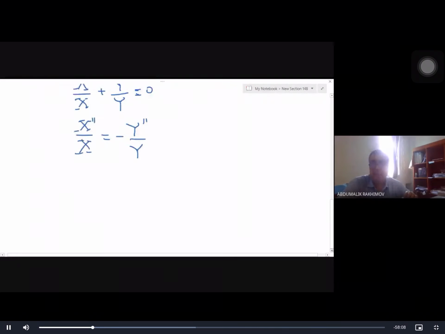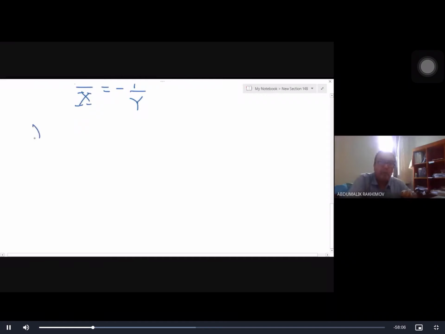Then we will have the equation X double prime plus lambda X is equal to 0. This is equation 2.1, lecture number 1. And for y, we have a different one: Y double prime minus lambda Y is equal to 0.